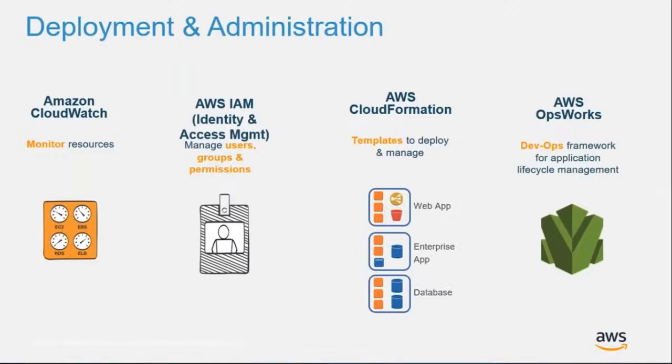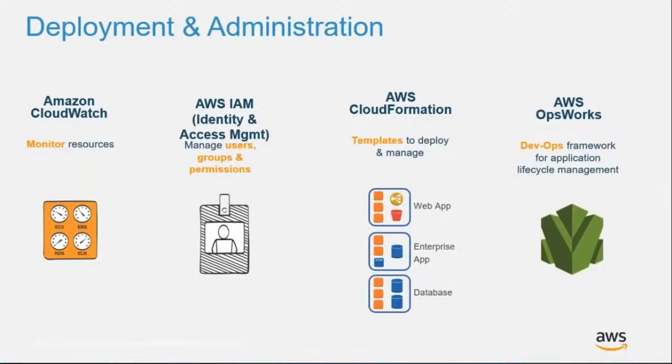And AWS OpsWorks is the DevOps framework for applications and lifecycle management. Leveraging all of this together, we can now deploy a complete end-to-end mission critical workload on AWS. It could be an entire enterprise ERP system, or a completely web-based OTT platform, or even a game that you would like to build. All these things you will be able to manage here.